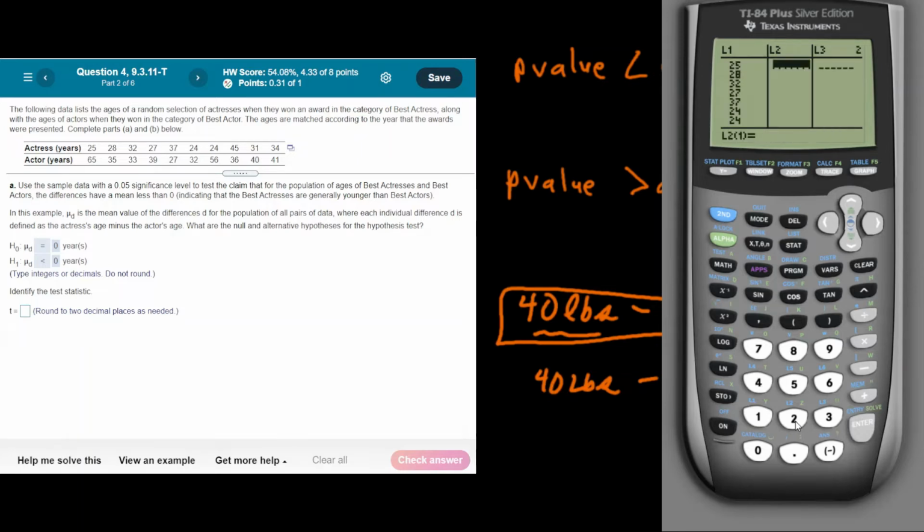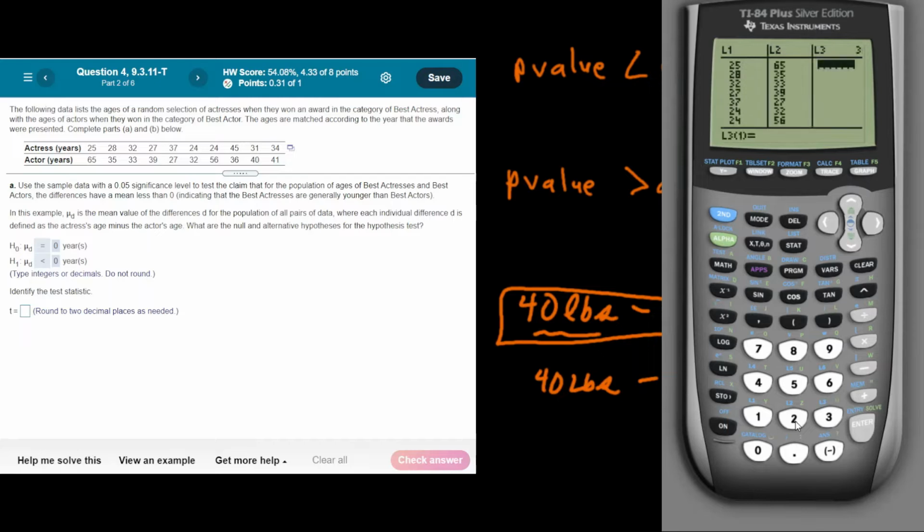And then on the right hand side, we're going to put the actors in. So we have 65, 35, 33, 39, 27, 32, 56, 36, 40, and then 41.